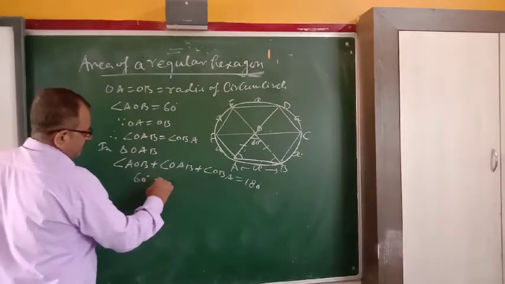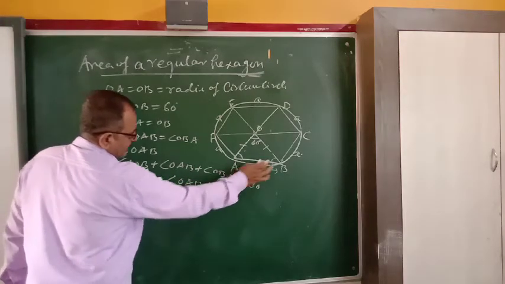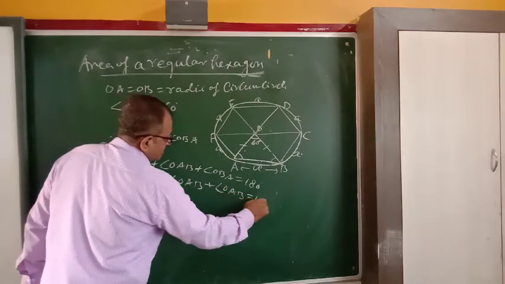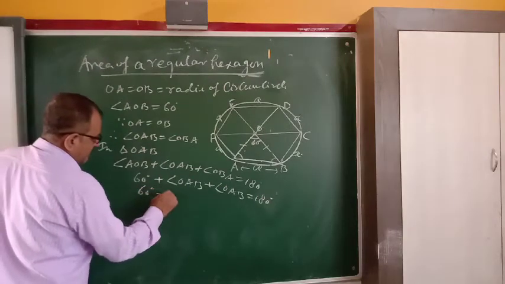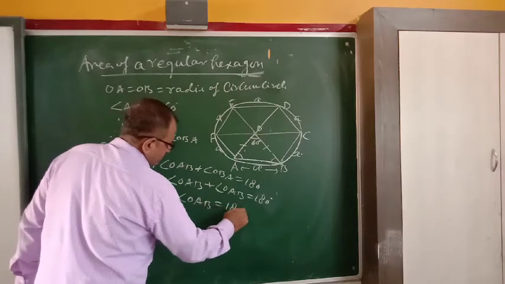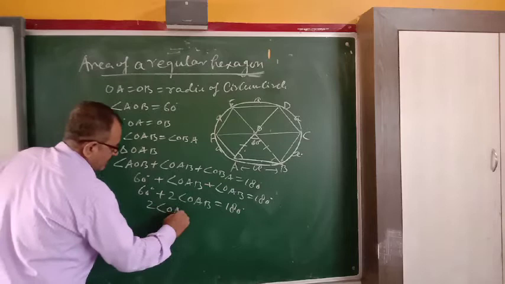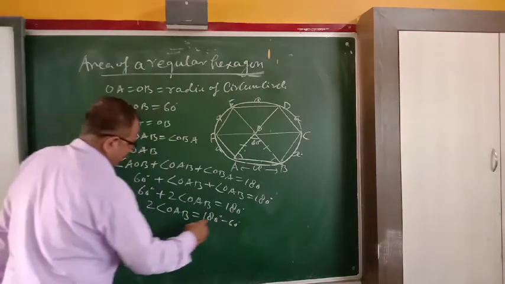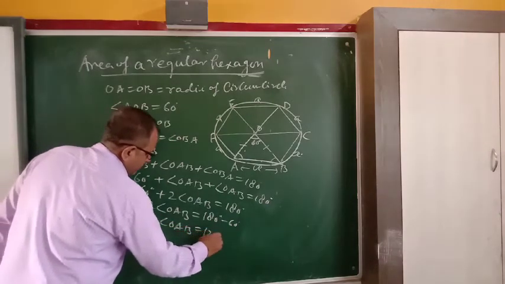AOB is 60 degrees, and angles OAB and OBA are equal. So 60 degrees plus twice angle OAB is equal to 180 degrees. Transposing 60 degrees to the right side, twice angle OAB is equal to 180 degrees minus 60 degrees, which is 120.